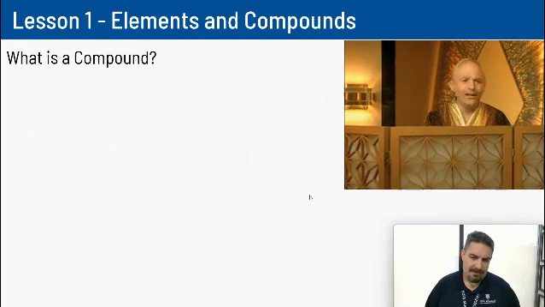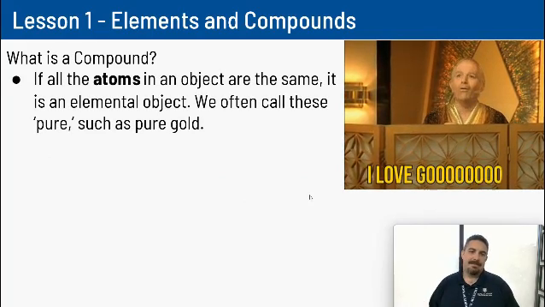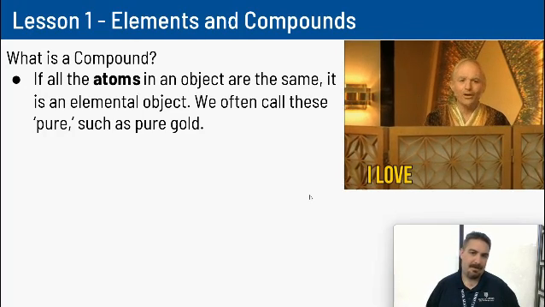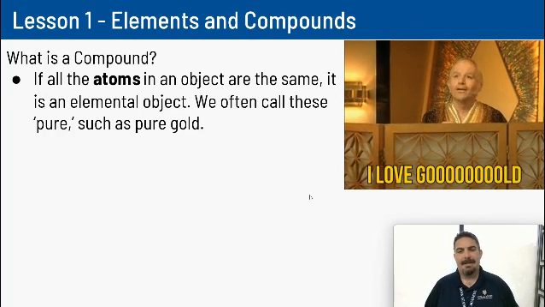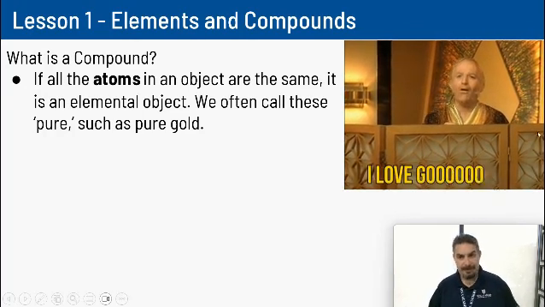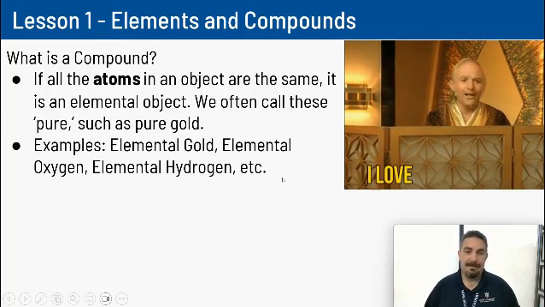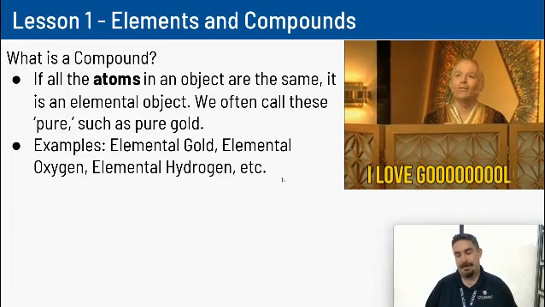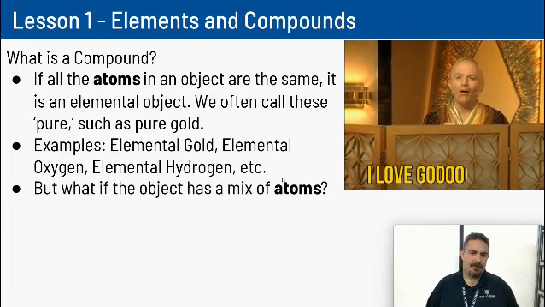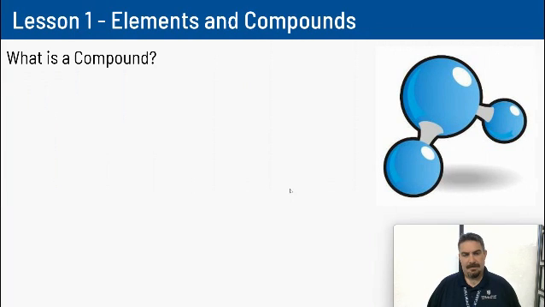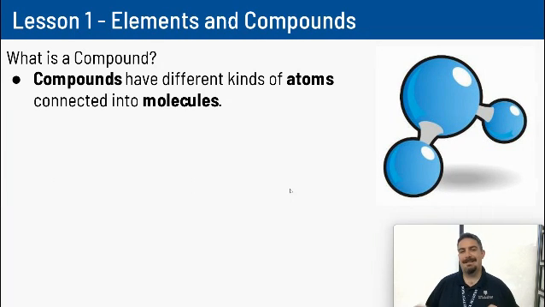Now, what is a compound? Now, if all atoms in an object are the same, it's an elemental object. We usually say pure, like pure gold. Goldfinger here is a favorite thing. Elemental oxygen and elemental hydrogen, or pure oxygen, pure hydrogen, are also things. But what if the object has a mix of atoms? So here they have different kinds of atoms connected into a molecule.